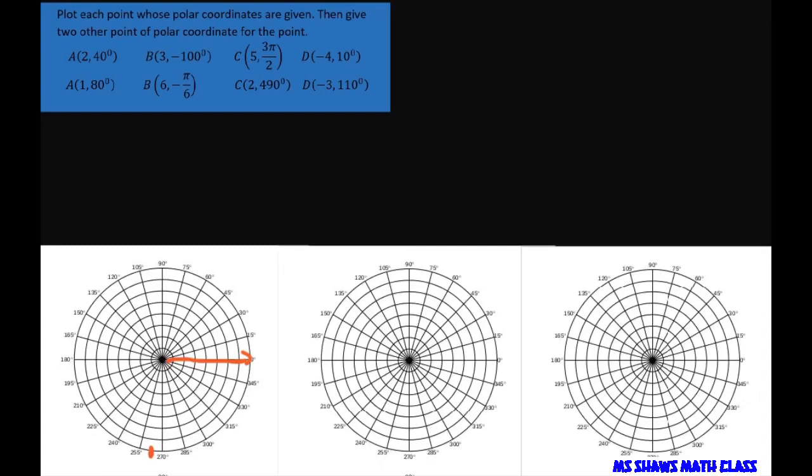So add 30 more to that. And then it says 3. So from here, we're going to go 1, 2, I'm getting down here, 3. So it's right about there. So that's 3, negative 100.